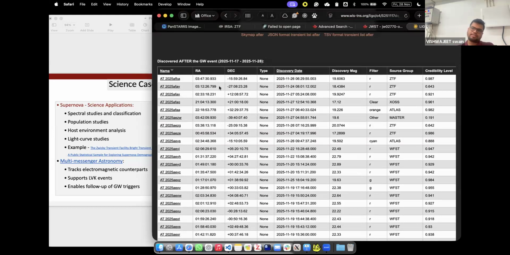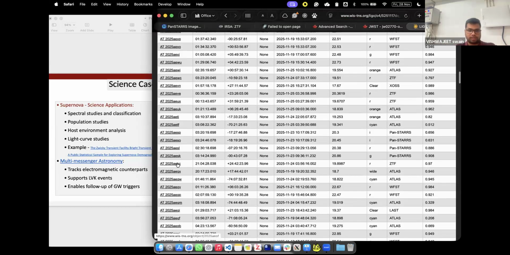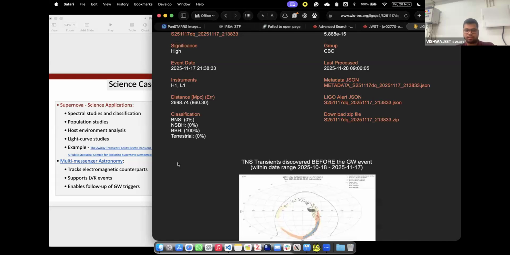If some new transient happened before the GW alert, then it is not relevant to us. But whatever sources happened after that are relevant to us. It might be a counterpart of that particular event. So it has a list of all the transients which can be related to this object, and not. People need to find that and then check the survey.